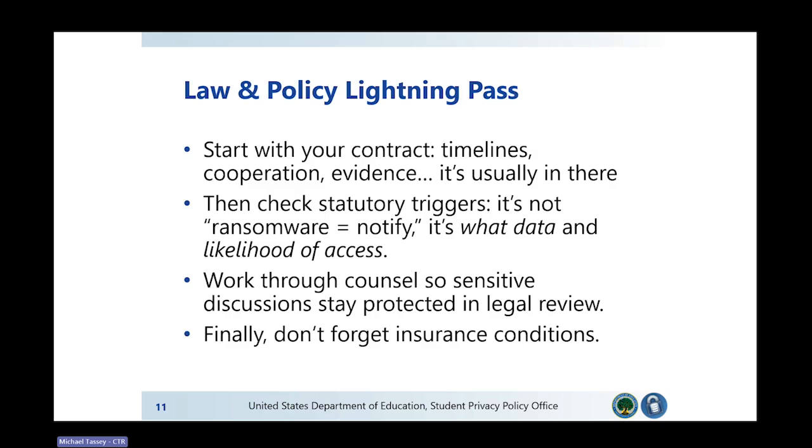So, read through with your legal counsel, after you understand the contract, look at what the law demands, and then compare those two. Work through it.